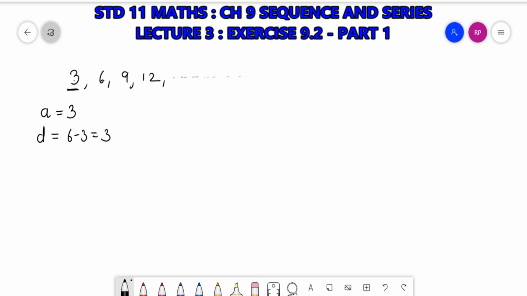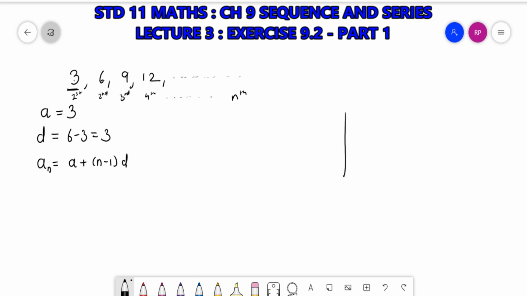Now the formula for the nth term. Say this is the first term, second term, third term, fourth term, the last will be the nth term. The formula for the nth term will be an is equal to a plus n minus 1 into d.